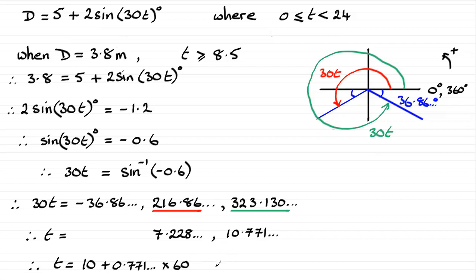If you do that, you should find you get, to the nearest minute, 10 hours 46 minutes. Well, that's going to be 10:46 a.m., to the nearest minute. And hopefully you've been able to see then how I've approached that.